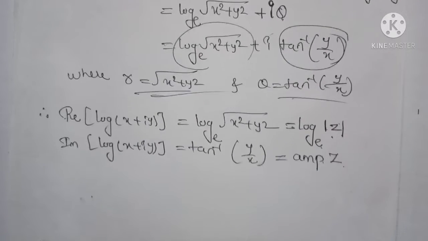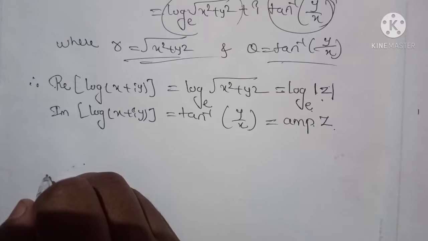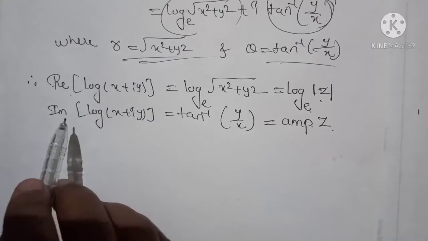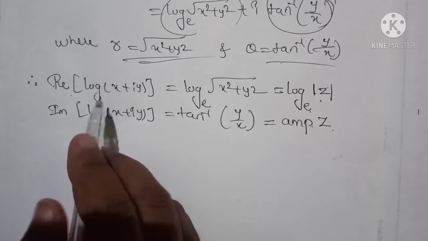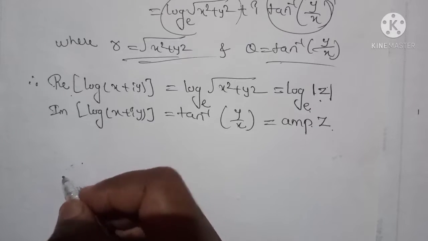Now we can find the general value, capital Log z. So this is the real and imaginary part of the principal value of x plus iy. Now we have to find the real and imaginary part of the general value of x plus iy.